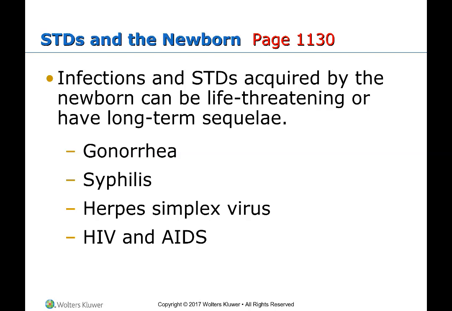General skin eruptions of rose spots, that's kind of like a rash. Blebs or blisters on the soles and palms, so hands and feet, the bottom. Snuffles. What are snuffles?